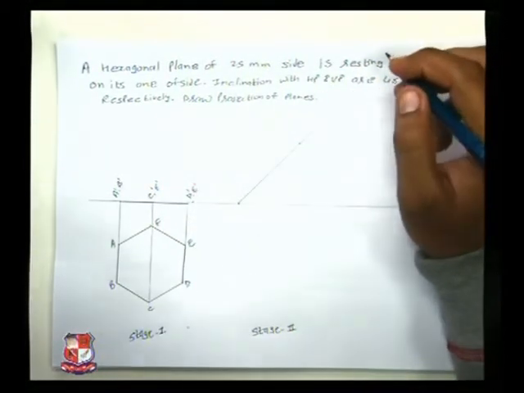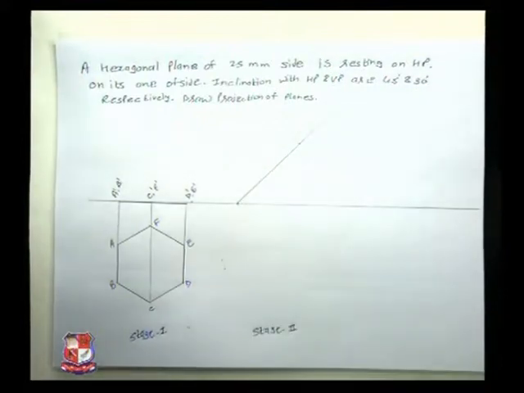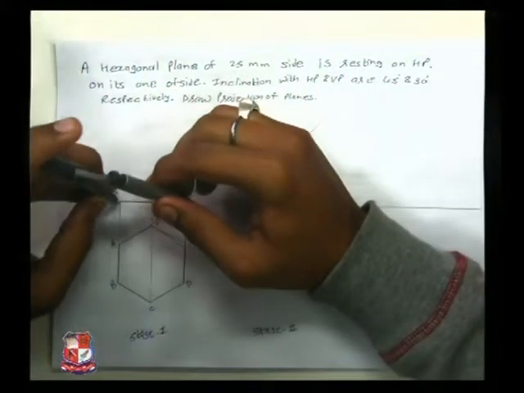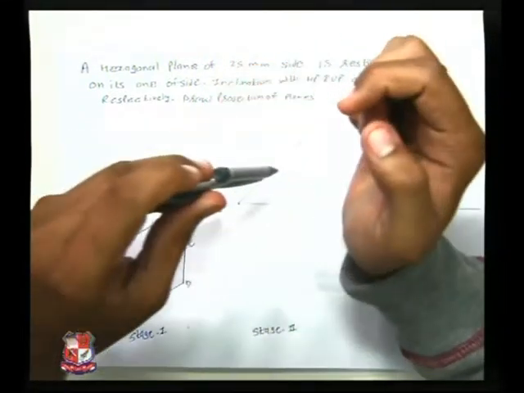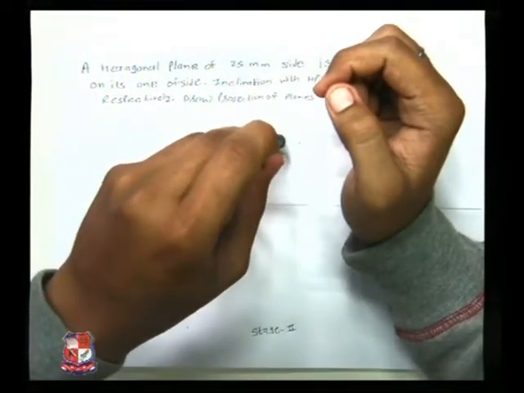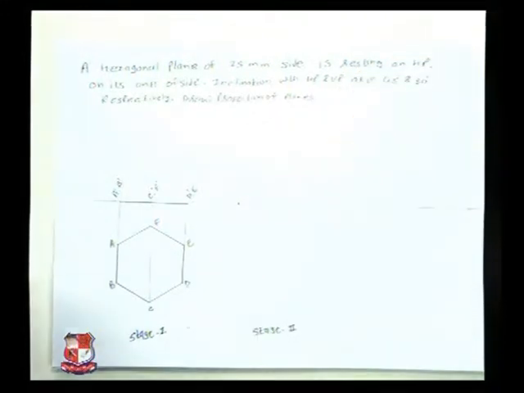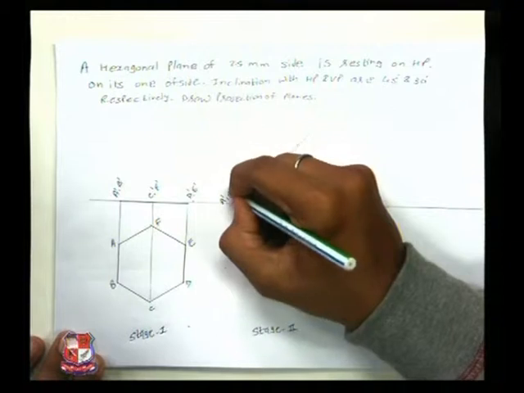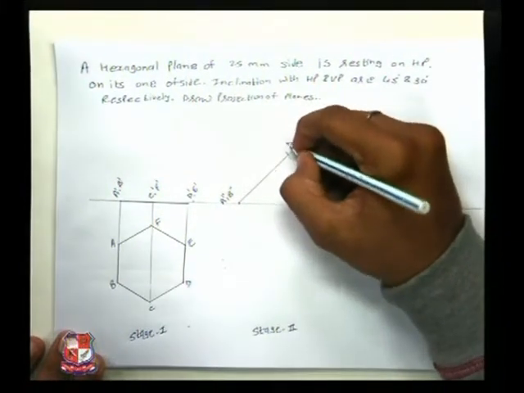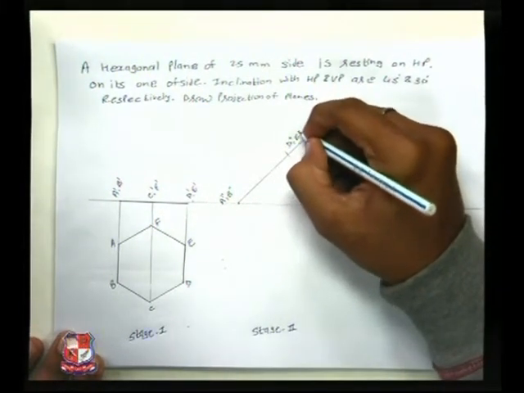I have drawn a reference line over here. Taking A dash to D dash as radius, marking an arc. So we have got A double dash, B double dash, D double dash and E double dash.